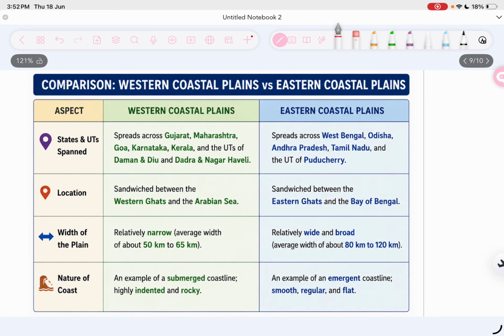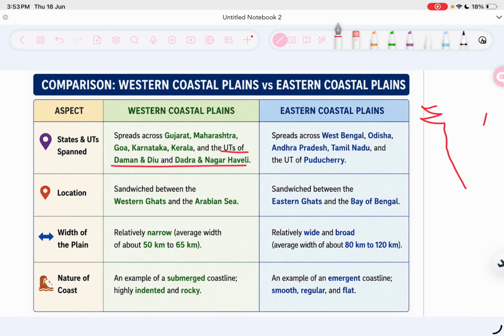Now when we look at the comparison of western coastal plains and eastern coastal plain, the first point that you have to look into is what are the states and UTs that they cover. So the western coastal plain basically covers Gujarat, Maharashtra, Goa, Karnataka and Kerala, and also the UTs of Daman and Diu and Dadra and Nagar Haveli in between.